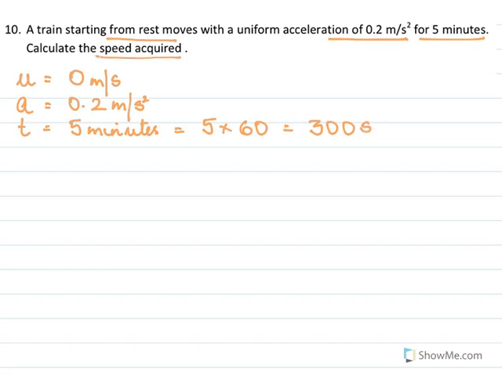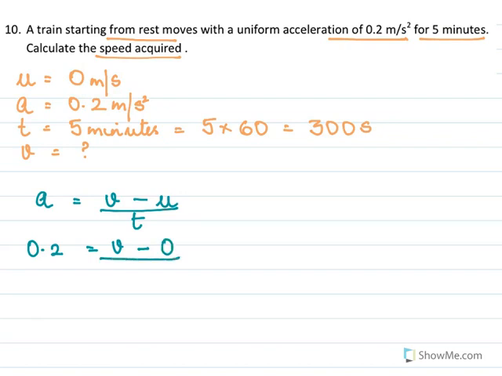Find the speed acquired. So we have to find the final speed. Here again we use the formula of acceleration, A equal to V final minus initial over time. So acceleration is given as 0.2, so 0.2 equal to V, we need to find, minus U, which is 0, initial 0, time is given as 300.